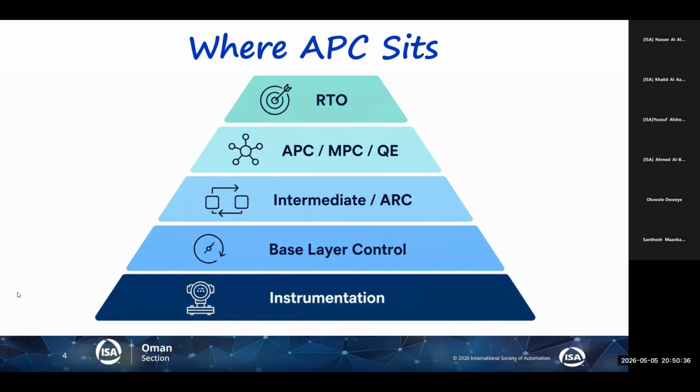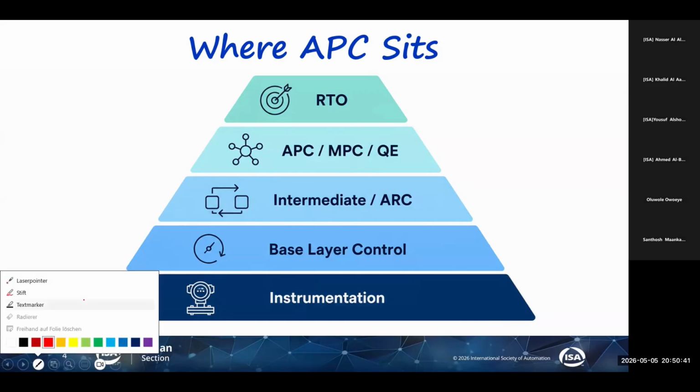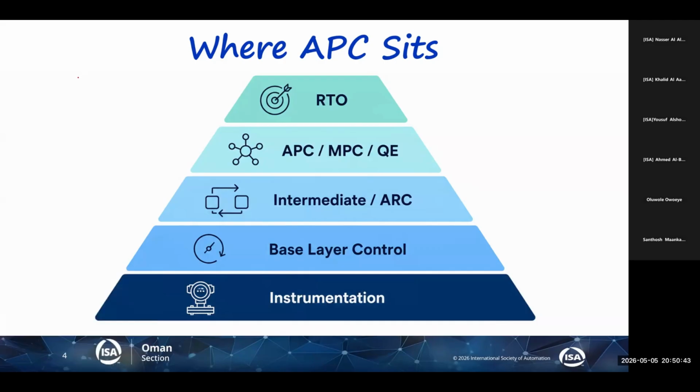There's something important about this that one should understand. Let me take the pen. If you go from the bottom up, the computing power increases. But the other way around, down here, execution time is different. Base layer control, Omar yesterday was mentioning seconds.